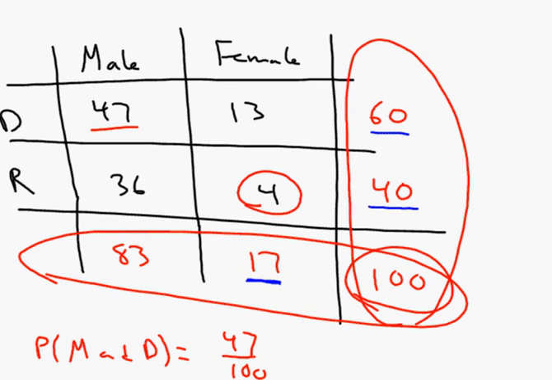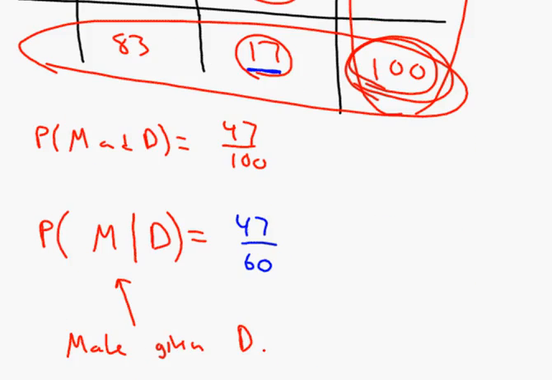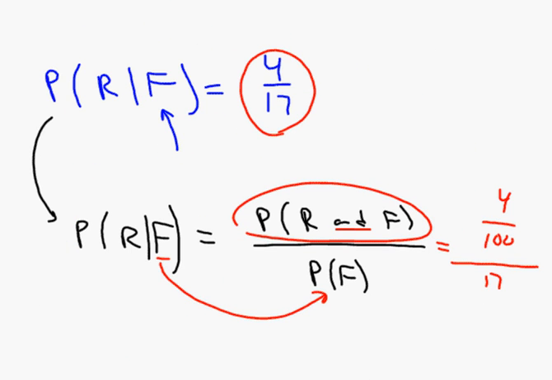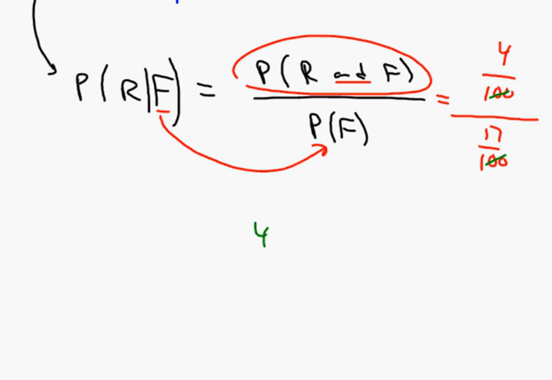Well, there's 17 females out of 100 people total interviewed. So that's going to be over 17 over 100 right here. Okay? So that's what the formula would tell you if you looked it up. And notice the 100s cancel, and you get 4 over 17, which is what we were expecting.